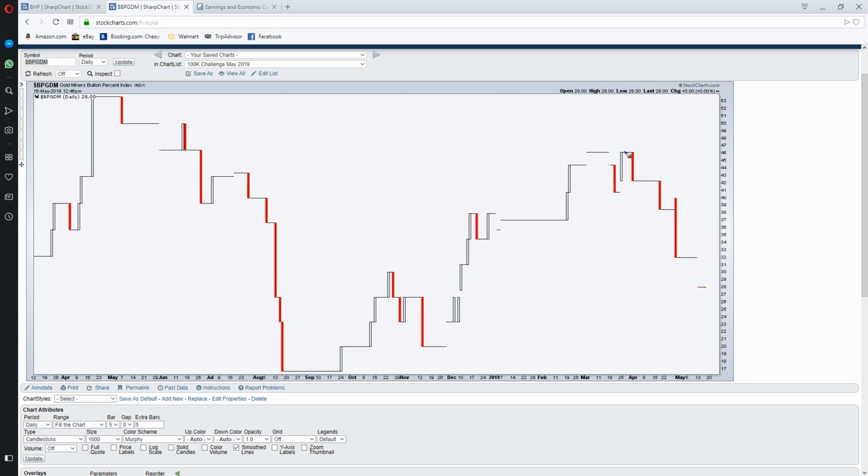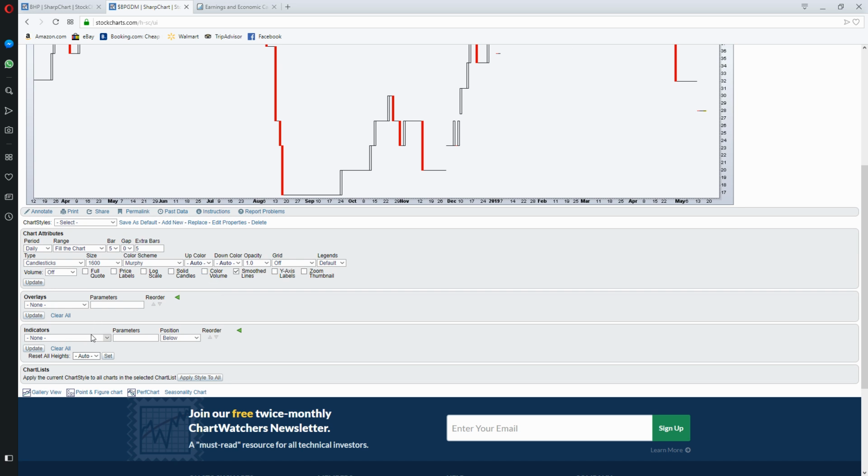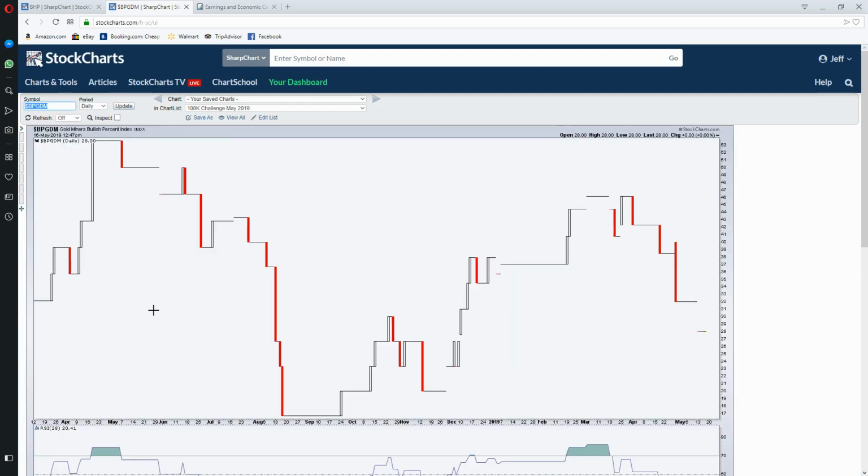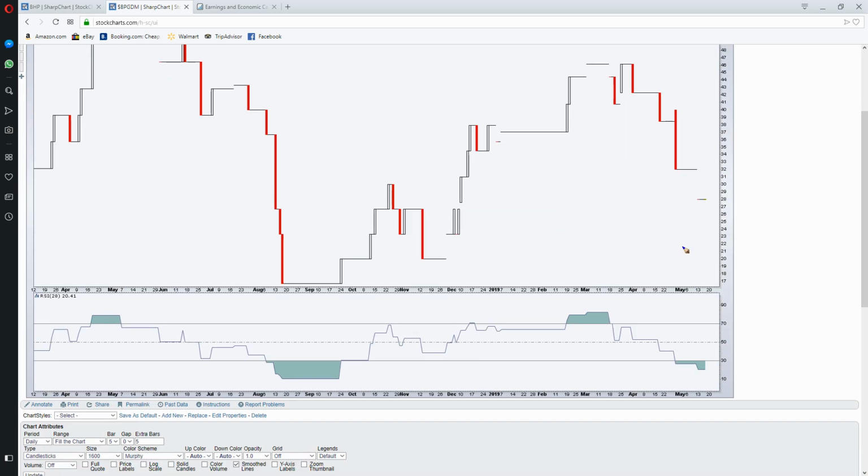But here back in March, we saw the gold miner bullish percent index pull back into a bearish mode, right? We even saw it with the RSI. In fact, let me put the RSI back on here. Right? It dips back below 50 here.